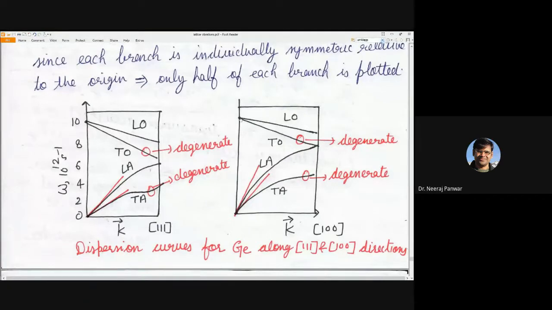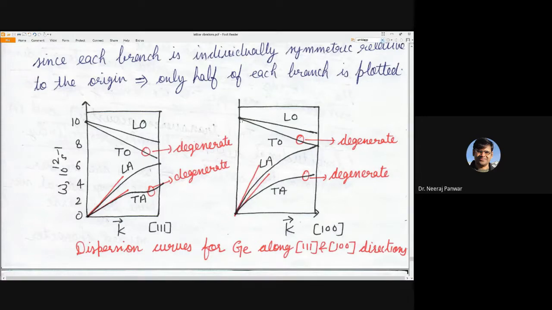If, however, you look at the same behavior for an ionic crystal like sodium chloride, the LO and TO branches will not meet at k equal to 0 for the optic branch, but there would be a separation. The separation is because a dipole moment is induced.